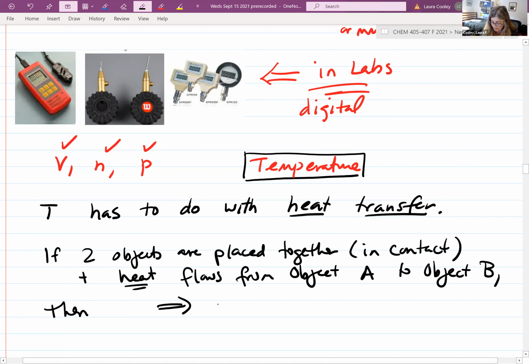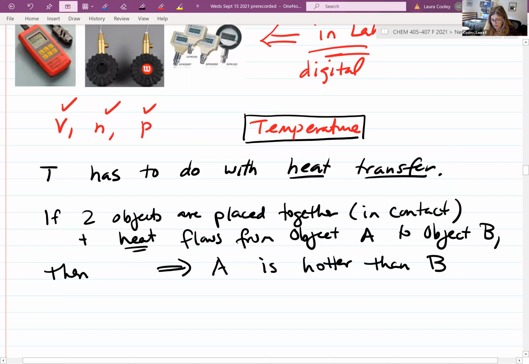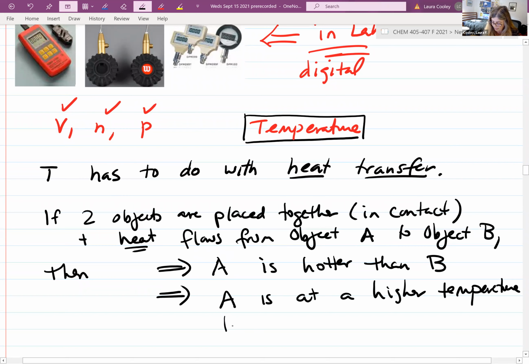We say that A is hotter than B, or at least it started out hotter than B. In the end, they end up being the same temperature. And we say that A is at a higher temperature than B.